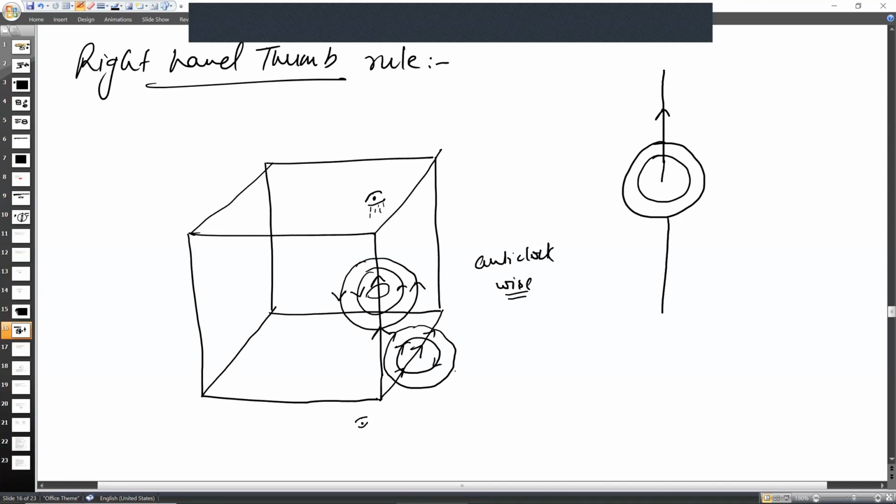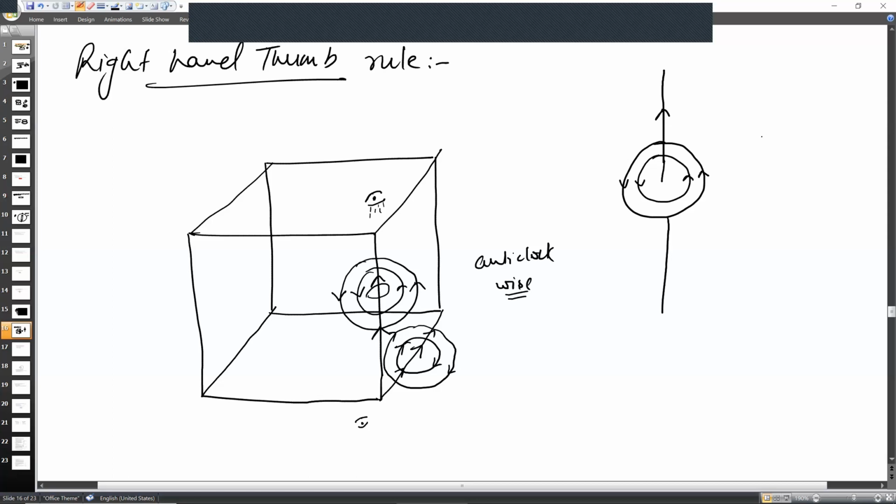Got it? Clockwise. So if you are observing from the top, the direction of current will be coming towards you, and for towards you it will be anti-clockwise. Understood? So this is also given by the right hand thumb rule.